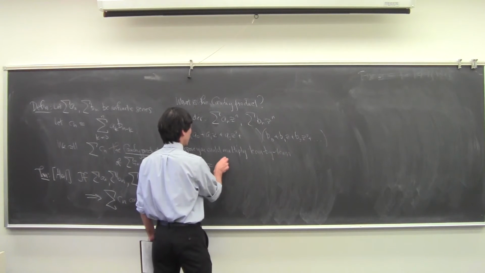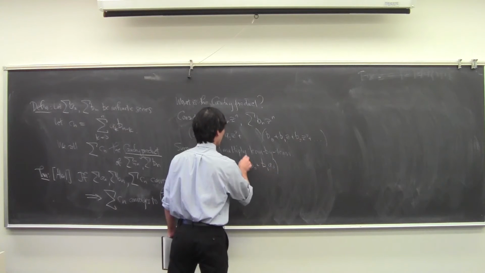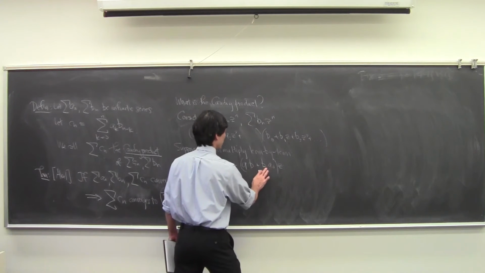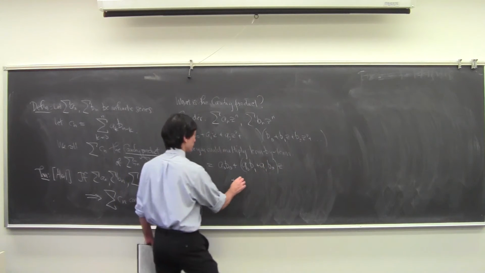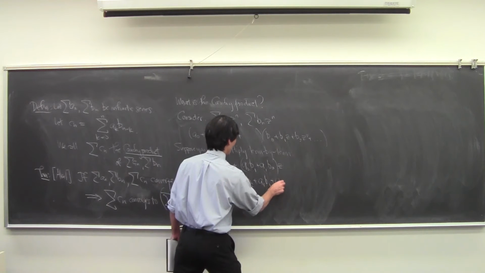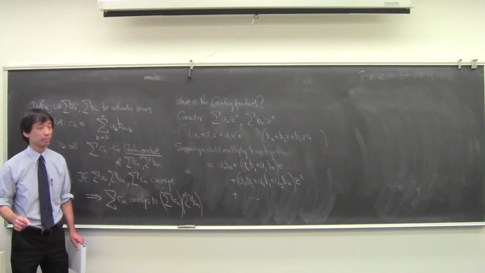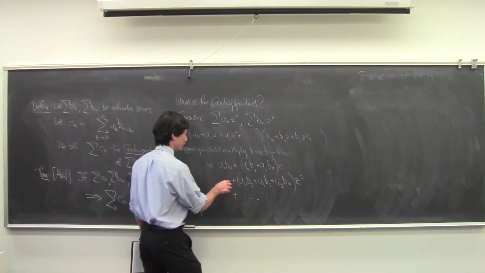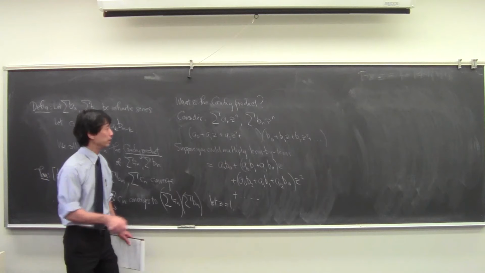Okay. In that case, you would get a naught b naught plus (a naught b1 plus a1 b naught) z plus (a naught b2 plus a1 b1 plus a2 b naught) z squared plus etc. Now, let z equal 1 in this equality.